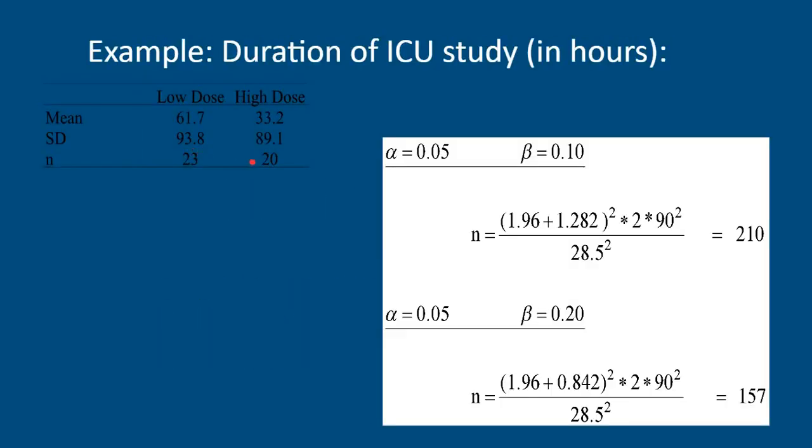Standard deviation is given here. We are fixing alpha level at 0.05, beta level at 0.10. So substituting in the formula, we will get N is equal to 210. If we keep the beta error at 0.20, then we will get 157 as the required sample size.